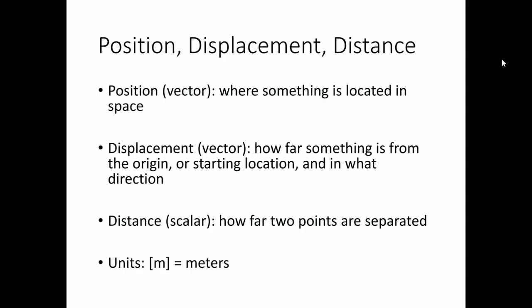The common unit for distance and displacement is meters. In this class, we'll need to use different kinds of units when we start talking about the distances to stars. We'll need to use things like light years or parsecs, but for right now, we'll just keep things simple and use meters.